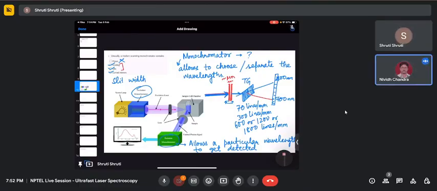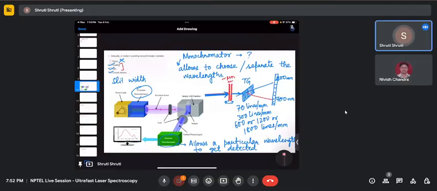So it is always advised to keep it to micromolar or millimolar concentration to get the fluorescence. So to answer this question, we can play with these two parameters, the averaging time and the slit width.